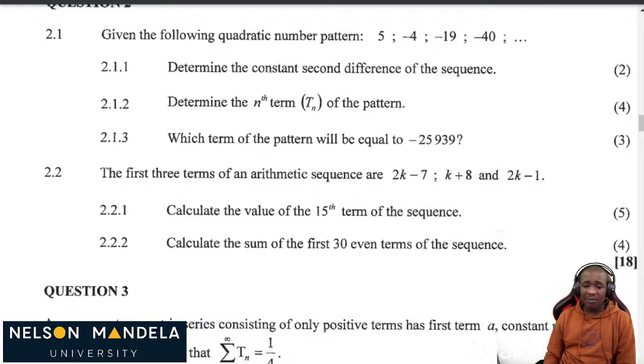The first 3 terms of an arithmetic sequence are, we already taught arithmetic sequence, so we already know that we have the constant difference. We are given 2k minus 7, k plus 8, and 2k minus 1. Then they say calculate the value of the 15th term of the sequence.